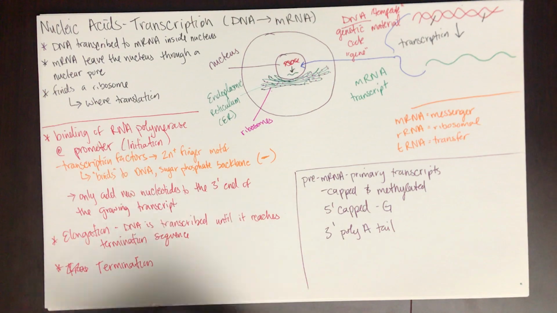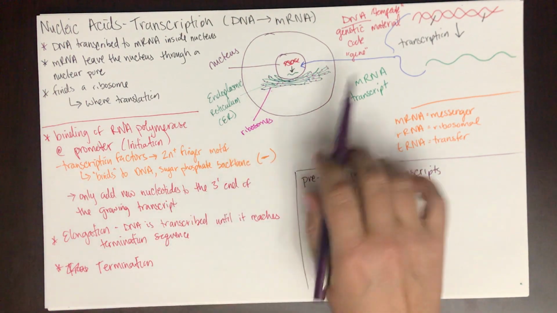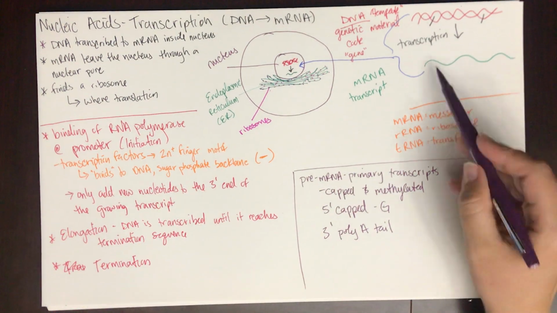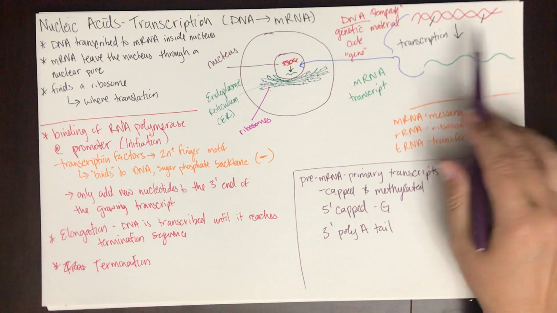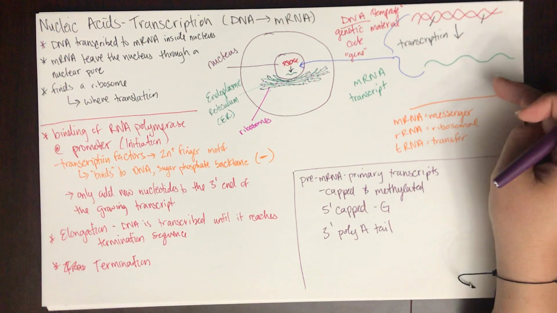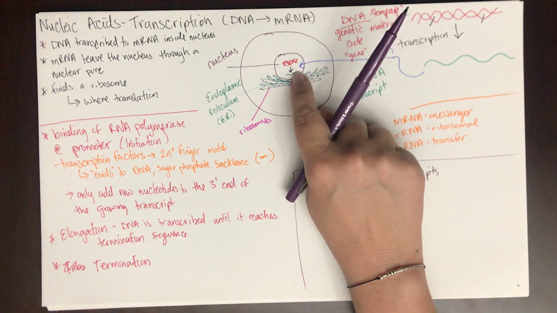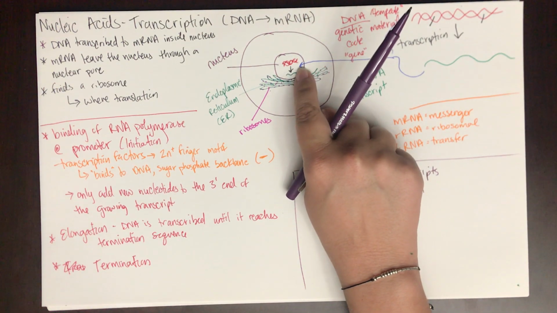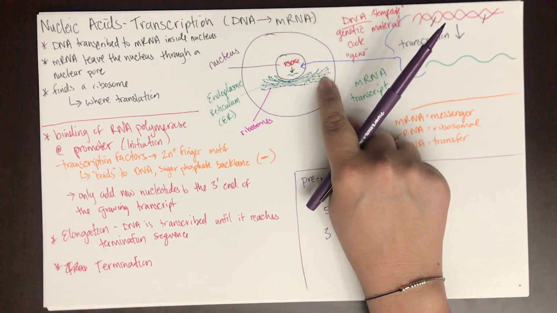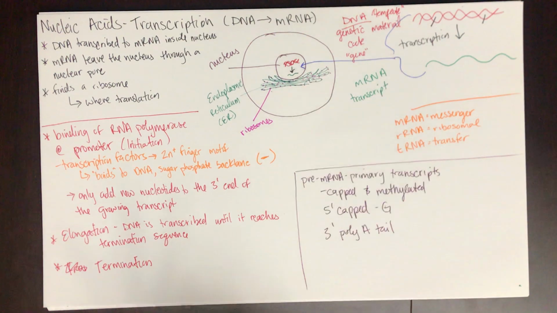That tells the promoter where to start transcribing. It transcribes until it reaches a termination sequence. Then this primary transcript is capped and polyadenylated to protect it, because the next step is that this transcript will leave the nucleus to be translated into protein on a ribosome.